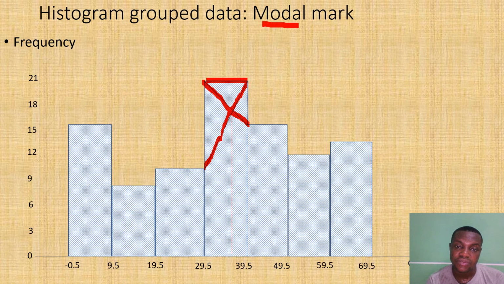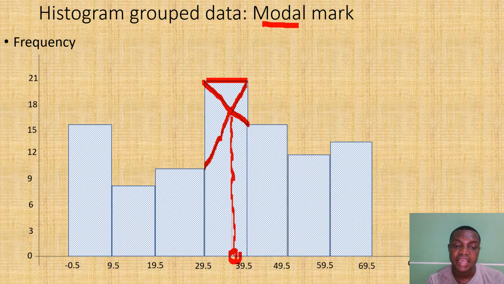The two diagonals intersect. Then you extend a line through the intersection to the x-axis, the horizontal axis. Whatever number you get, you read it as the modal mark. So you draw two diagonals to the next sides and the tips of the bars. Then draw it down to locate your answer.